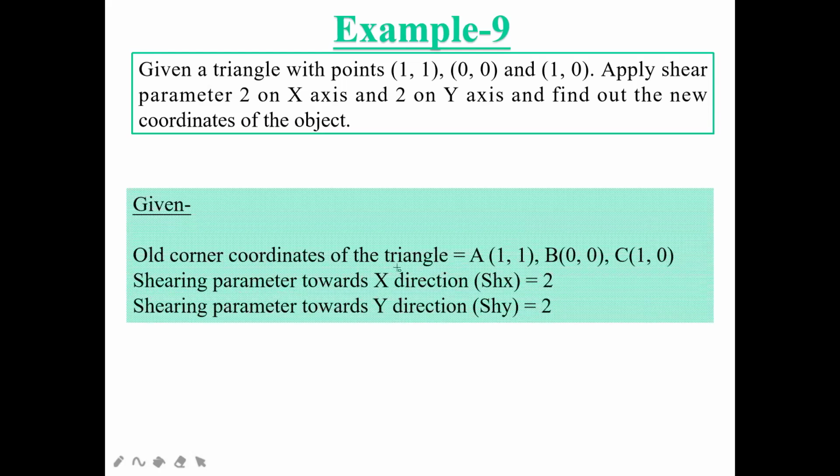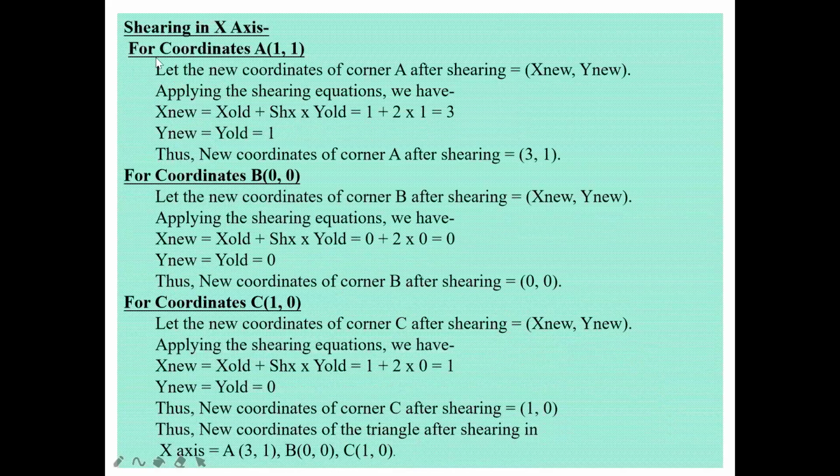So here you can see the given are the old coordinate points, and shearing parameter in the x direction, shx, which we used to represent, equals 2, and shearing parameter towards y direction, shy, equals 2. So now let's do this. Shearing in x-axis: first you have to find out individually for all the coordinate points. Let's consider the new coordinates of your corner A after shearing will be x new comma y new.